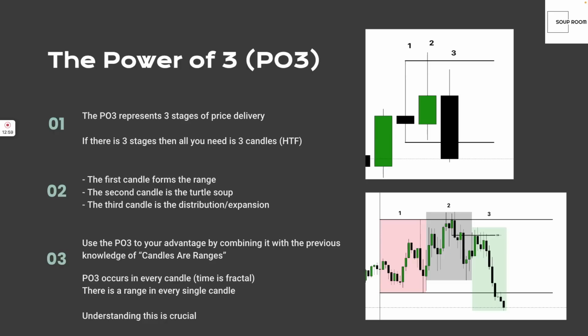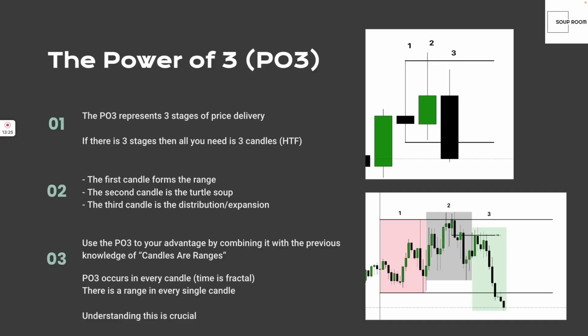The second candle is the turtle soup. And the third candle is the distribution or expansion. Power of 3 is accumulation, manipulation, distribution. We accumulate in the first candle, manipulate with the second candle, and distribute with the third candle. Write that down.